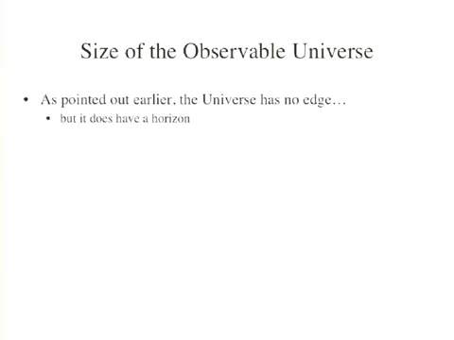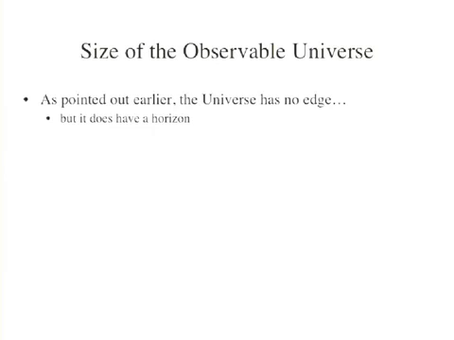Okay. The universe has no edge. But it does have a horizon. The horizon is the furthest you can see, the furthest a photon will travel in the time of the universe.